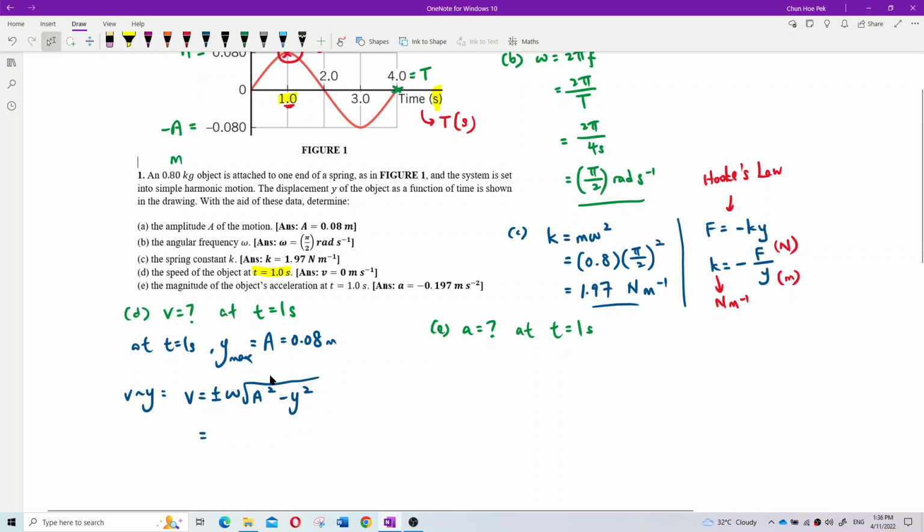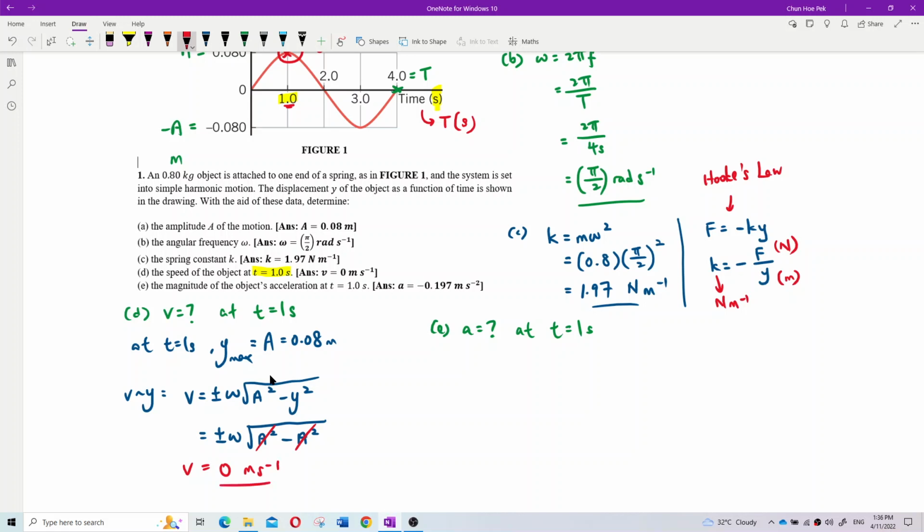So I don't need to substitute all the values, since y is equal to a. Do you see that a square minus a square becomes 0? So v is equal to 0 meter per second. So that's the answer. Correct or not?